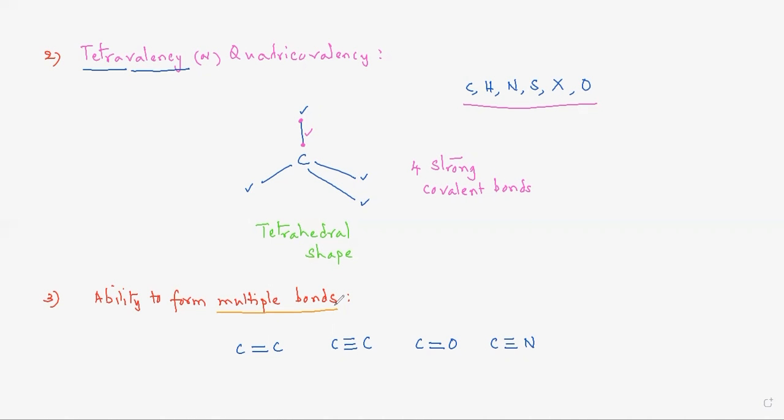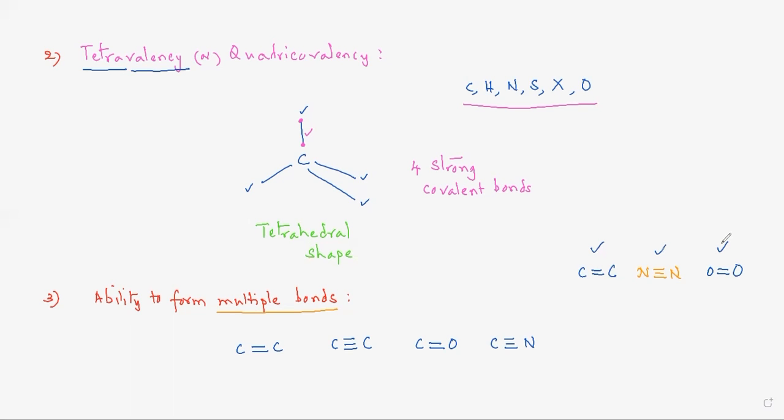Why only carbon? Why not the others? No, I don't say the other atoms cannot form multiple bonds. Yes, even they can form. You can, of course, see nitrogen forming multiple bonds. You can also see oxygen forming multiple bonds, just like the carbon. These are the first elements of their groups. I'll tell you what groups and periods are.